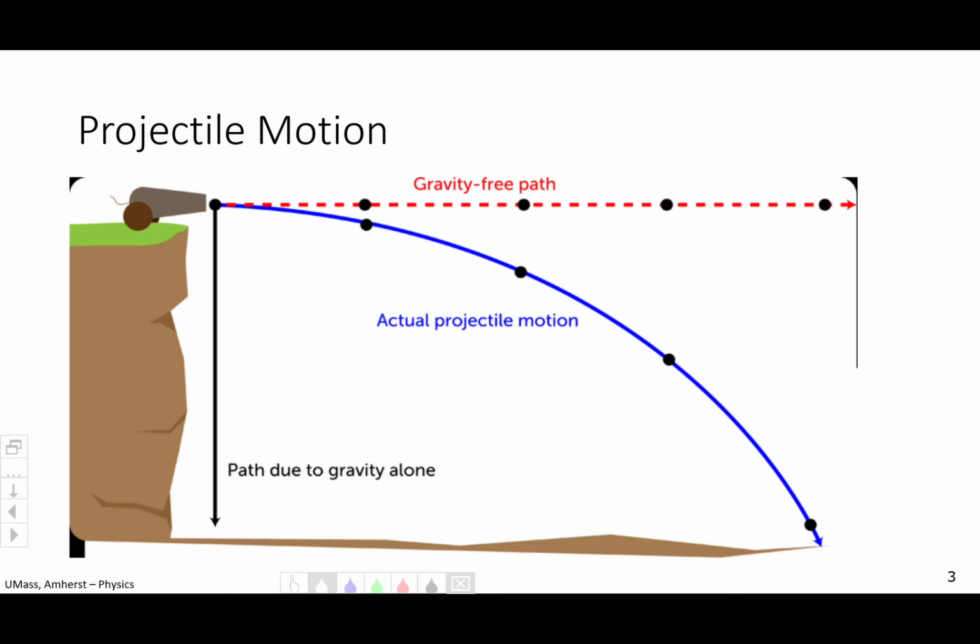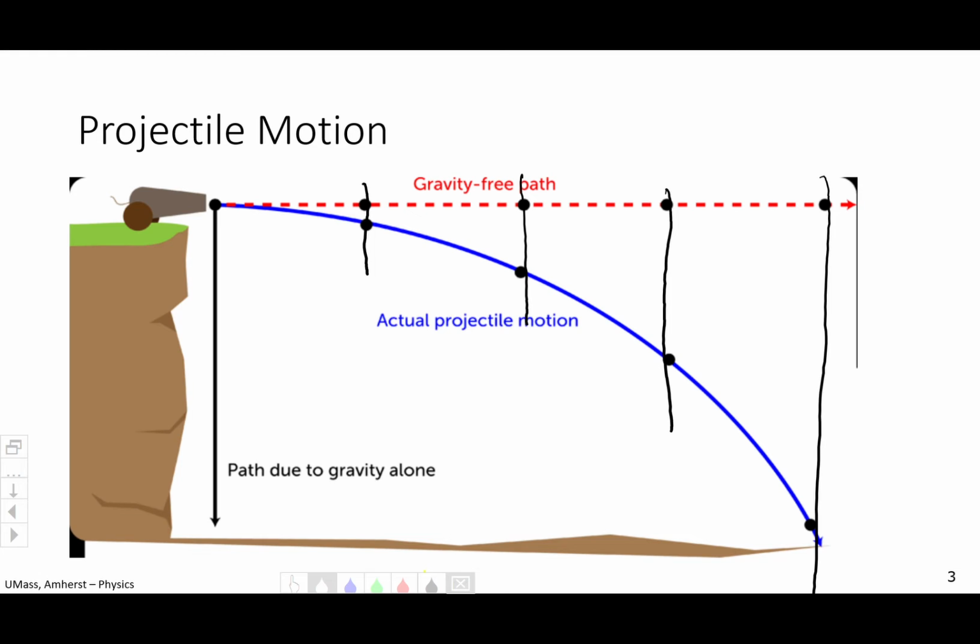In the horizontal direction, it wants to move at a constant velocity. In the vertical direction, it wants to accelerate and get faster. What I want you to notice here is that these line up in time-ish. The diagram could be a little bit better, but hopefully you can see that in general, these line up in time.